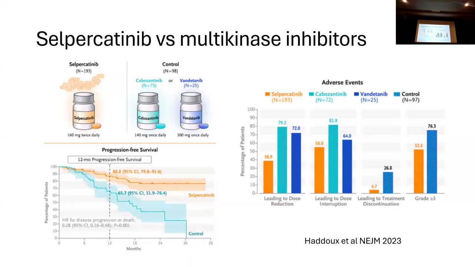And relevant to the point about how much better tolerated, but also more effective, the RET inhibitors are compared to the previously available drugs, cabozantinib and vandetanib, that still are good drugs and we still use them when we have to.